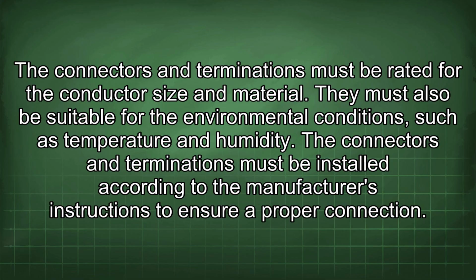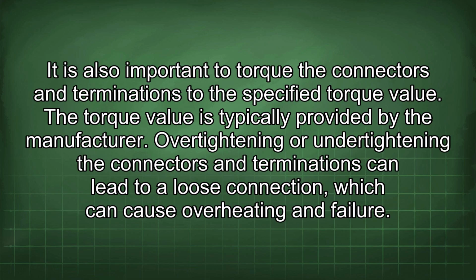They must be installed according to the manufacturer's instructions to ensure a proper connection. It is also important to torque the connectors and terminations to the specified torque value, which is typically provided by the manufacturer. Over-tightening or under-tightening can lead to a loose connection, which can cause overheating and failure.